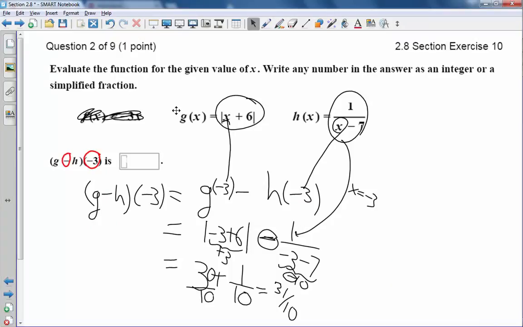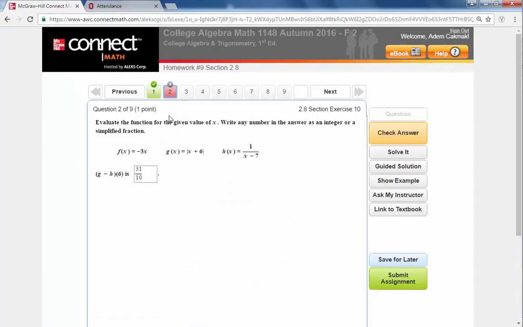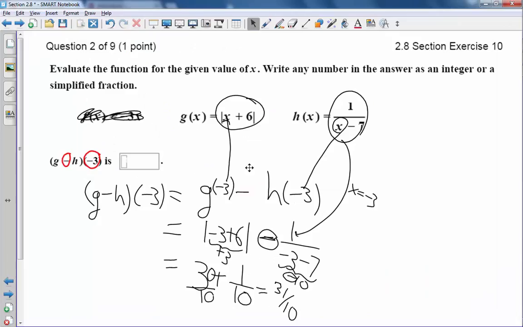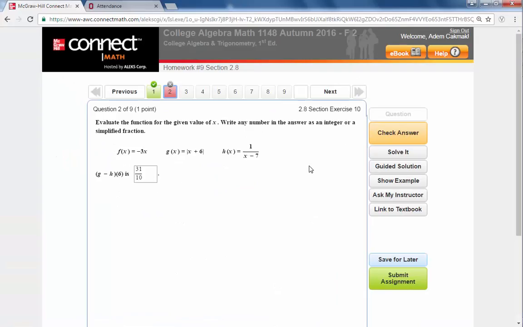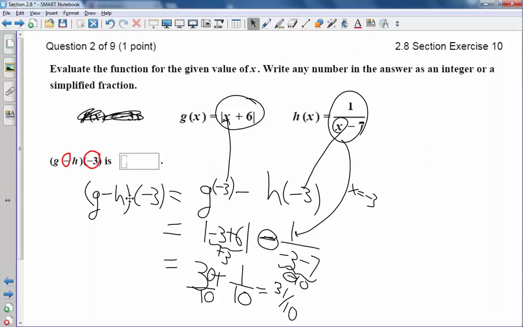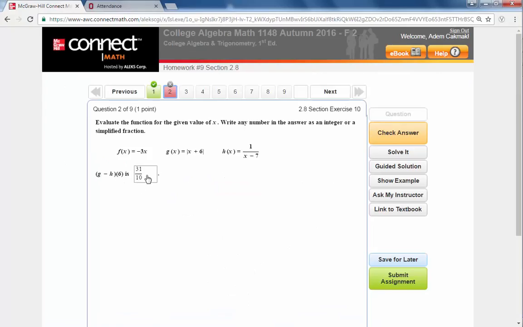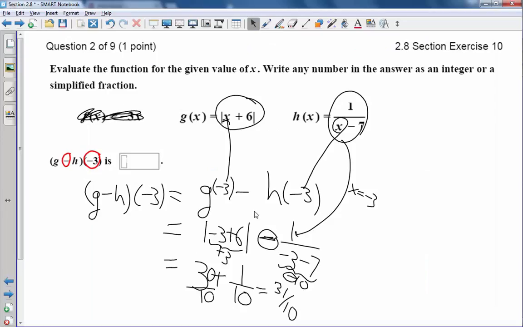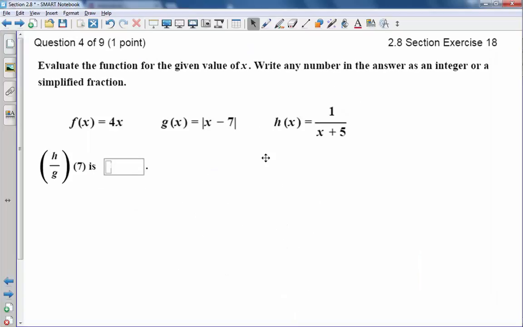The online one had 6 instead of maybe 3. Okay, so I didn't make a mistake. Yeah, I just solved the wrong one. Okay, so mine has -3, online one has 6, so that's why I didn't like it, but you don't have a mistake. Okay, how about this?